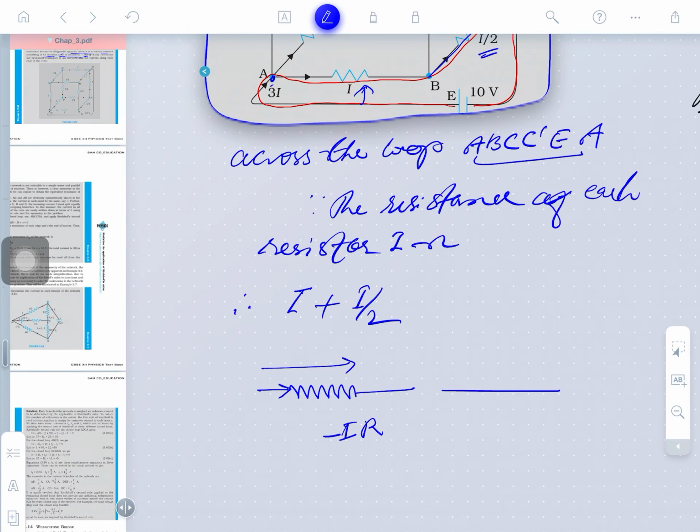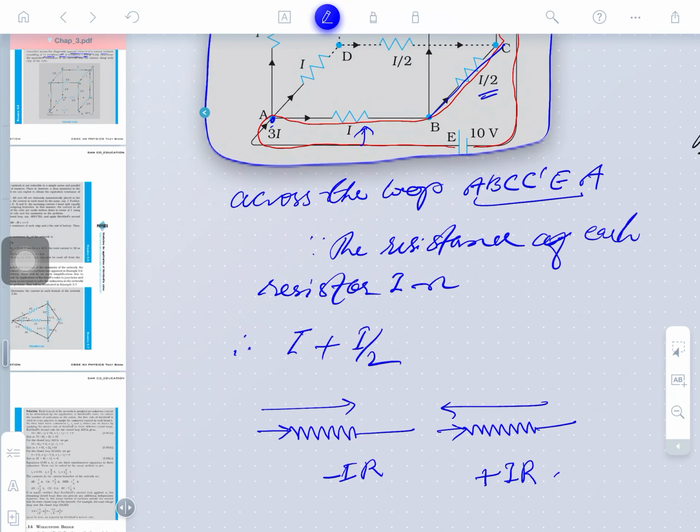If the current is flowing in this direction and you are traveling in the opposite direction, then IR you will take as positive. Clear? This is the formula for that.